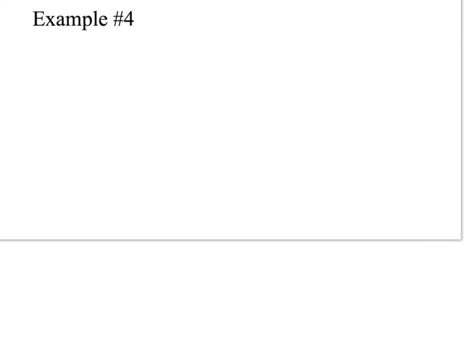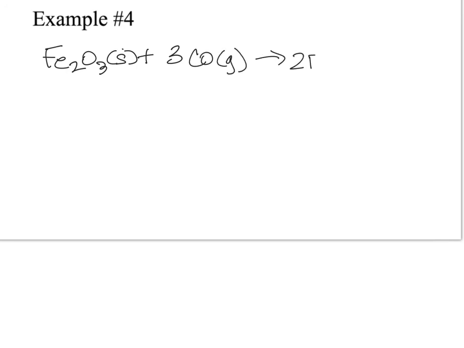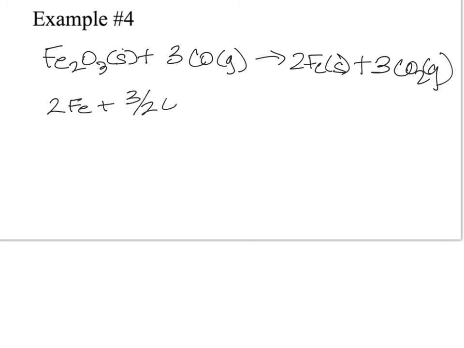This last problem is a Hess's law problem. We have a reaction, Fe2O3, solid iron 3 oxide, plus 3 carbon monoxide, goes to 2 iron solid, plus 3 CO2 gas. And I'm given 2 half reactions that we're going to sum. We have 2 iron plus 3 halves oxygen going to iron 3 oxide.